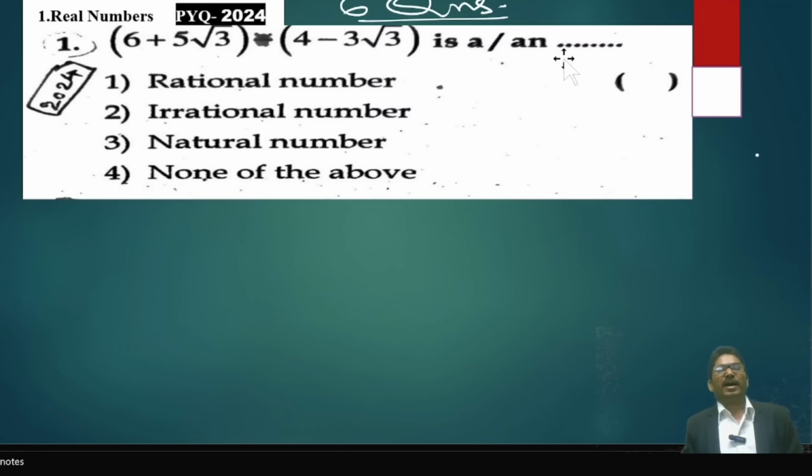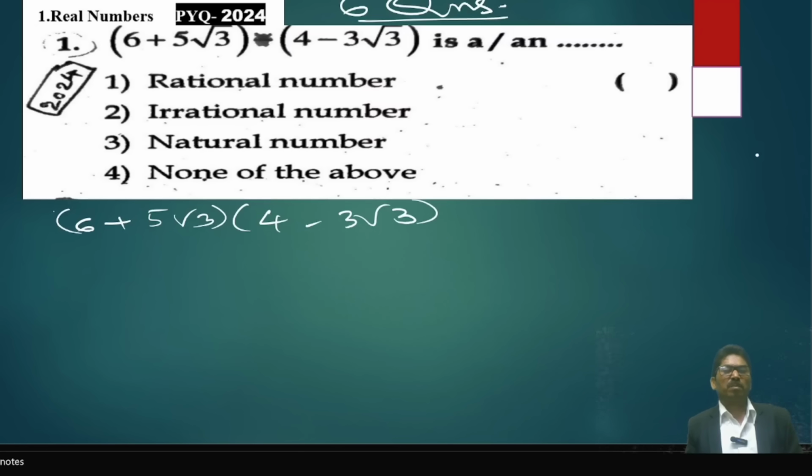After multiplying we can get the answer. (6 + 5√3) into (4 − 3√3). 6 4s are 24, 6 3s are 18, plus into minus is minus, 18√3.